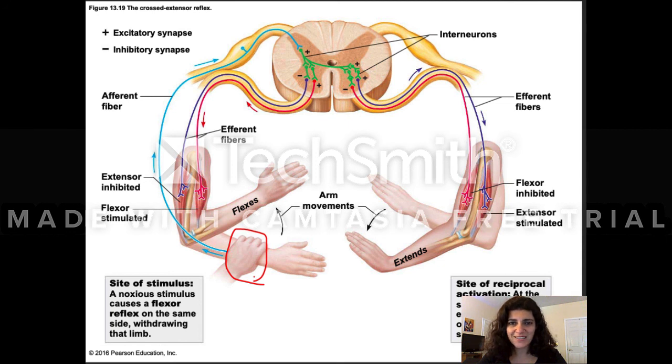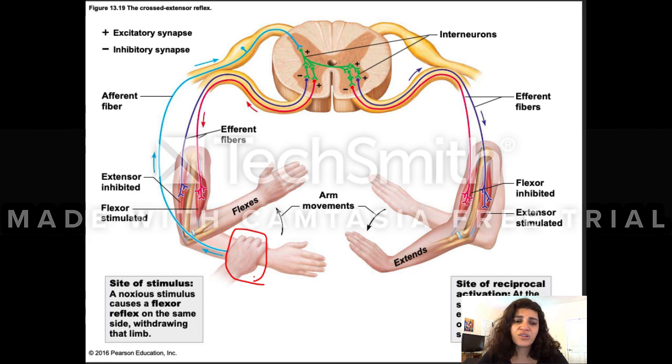How cool is this? This is a reflex, and it all happens because of excitatory or inhibitory interneurons. Okay, so this does not happen because you want it to. It's a reflex. It happens because suddenly somebody grabbed your arm, and that's how that happens.